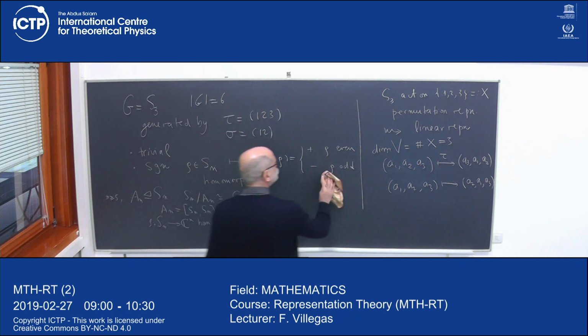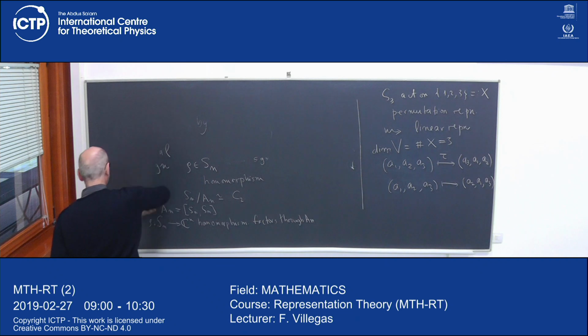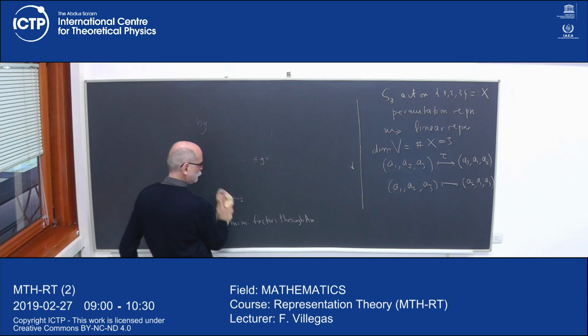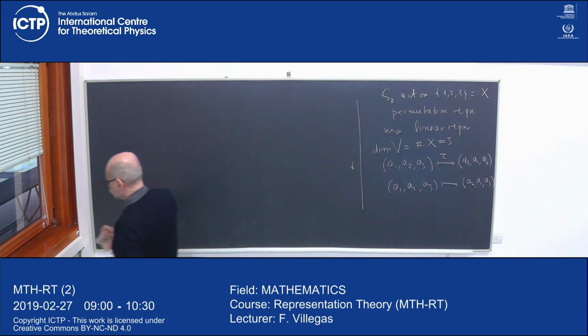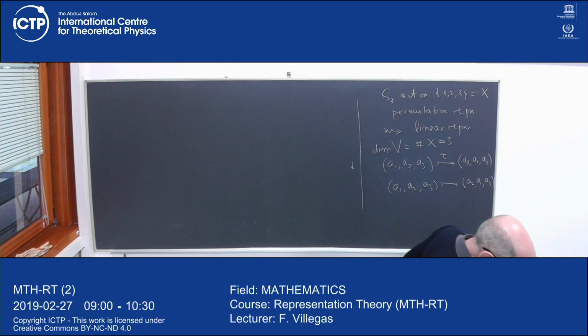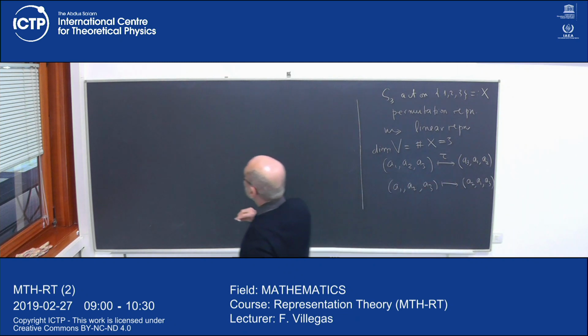Okay? So this is the way this representation works. It's a 3-dimensional representation. A group acts, you can think of R3 if you want to think geometrically, but our base field is C, so it's not something we can easily draw.